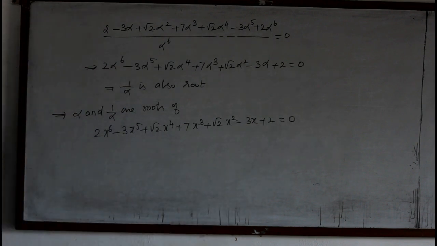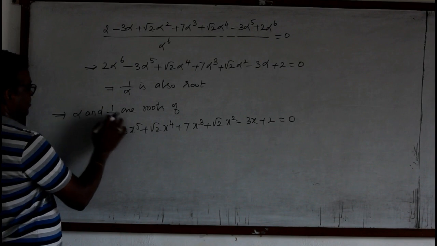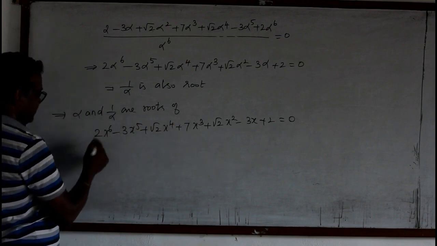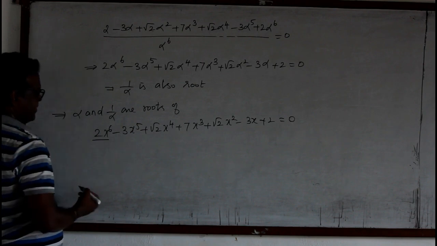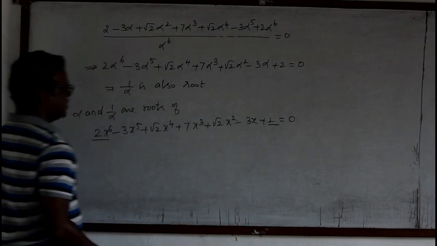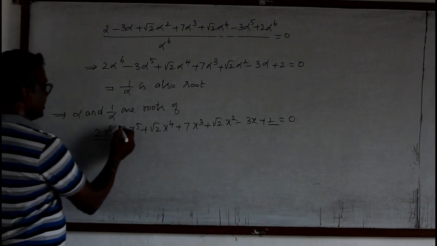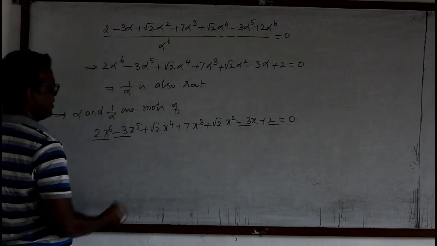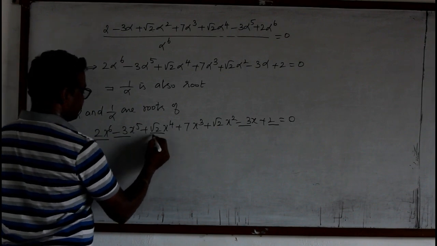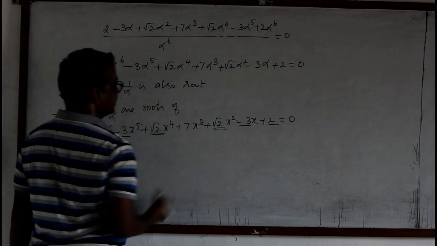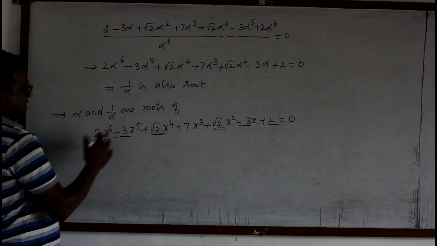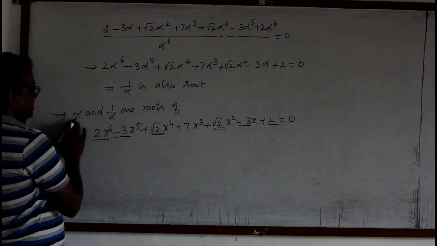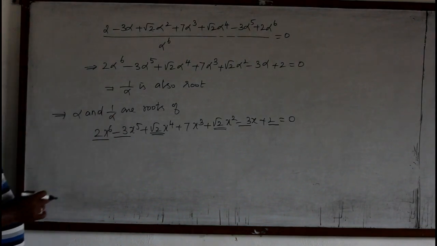We can notice that if alpha is a root then 1 by alpha is also a root. For this kind of equation, the coefficient of x power 6 and the last coefficient are equal, the coefficient of x power 5 and the coefficient of x are equal, and the coefficient of x power 4 and the coefficient of x square are equal. So if this kind of occurrence is there, then if one root is there, its reciprocal is also a root.